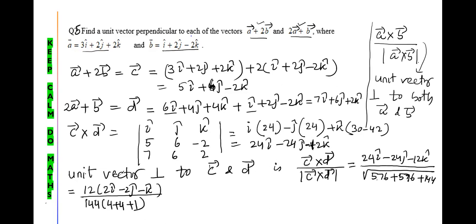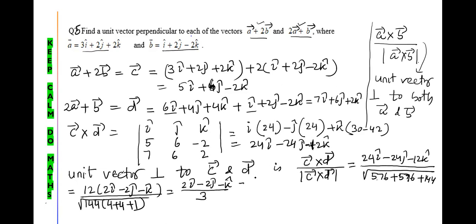Now take the square root. You have 12 and this 144 going outside the square root as 12. That means you get 2i minus 2j minus k divided by 3.